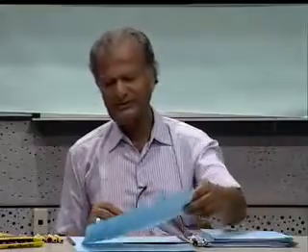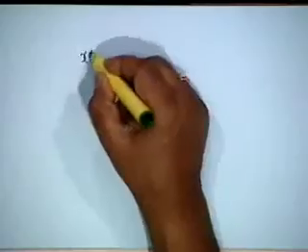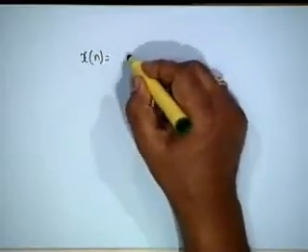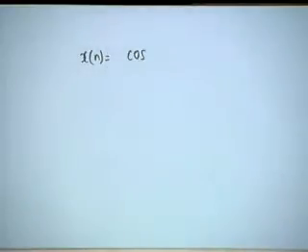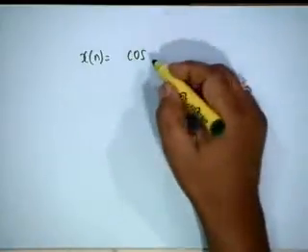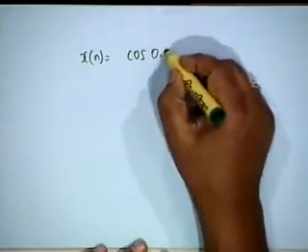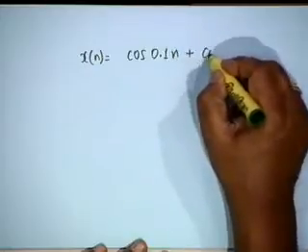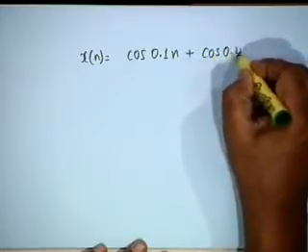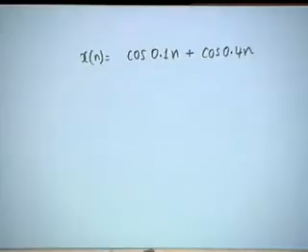All right. Let us take a specific example, and to bring variety into experience, let us say we require a high pass filter. Let us say x of n is equal to A cosine 0.1 n plus B cosine 0.4 n, where capital A and capital B are constants, we need not bother about them. Is this signal periodic?